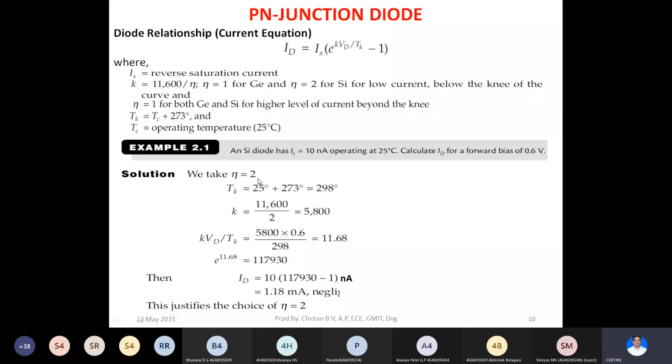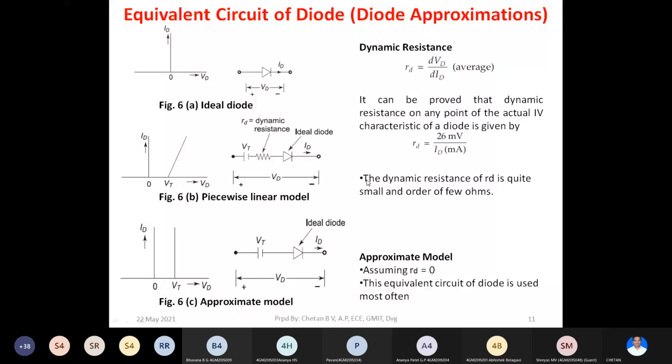So this is the next topic, equivalent circuit of diode. First of all, why this equivalent circuit is needed is, see, in electronics, I think you have studied this in electrical. In circuits, we need to perform some kind of circuit analysis or network analysis.